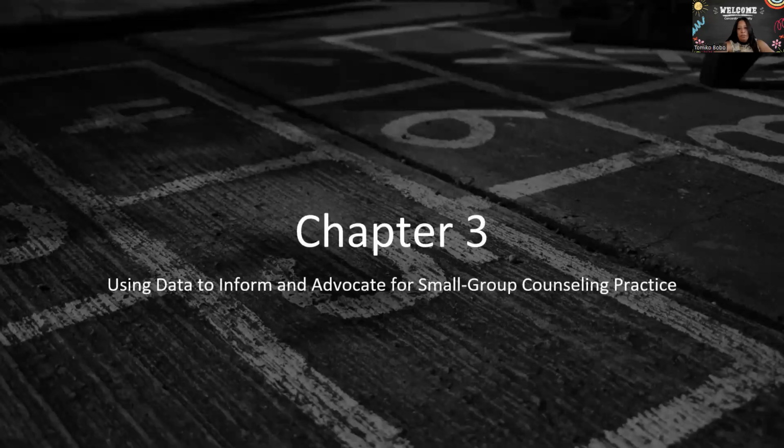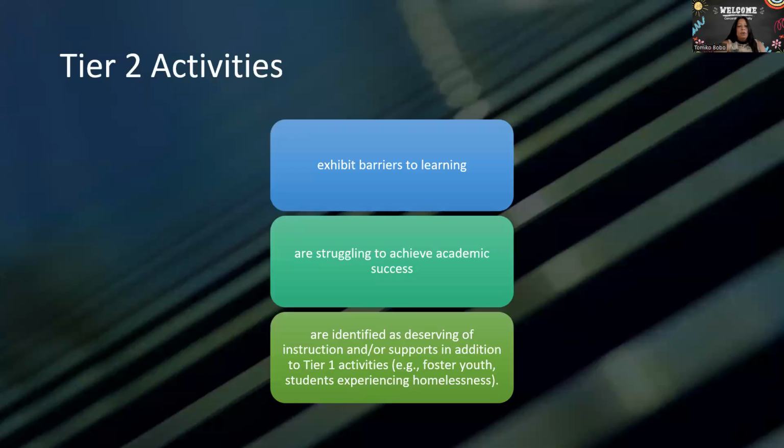Okay, so chapter 2. What chapter 2 focuses on is using data to inform and advocate for small group counseling. Small group counseling is used for Tier 2 intervention, and Tier 2 involves students who you have begun with in Tier 1, where you may have done whole group counseling sessions in the classroom.